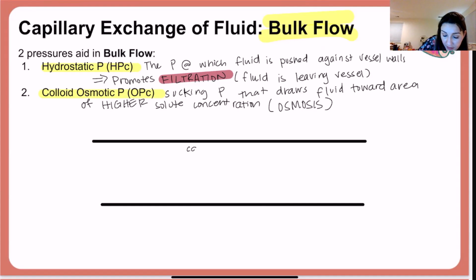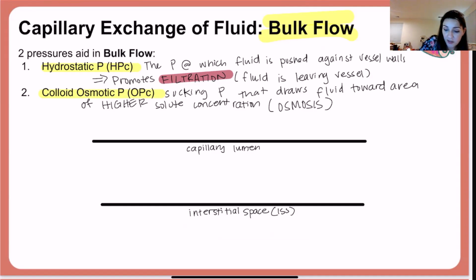So capillary lumen. And then on both sides, so here and here, we have the same thing going on. I'm just going to draw on one side just for easier. So here is my interstitial space. Or ISS.